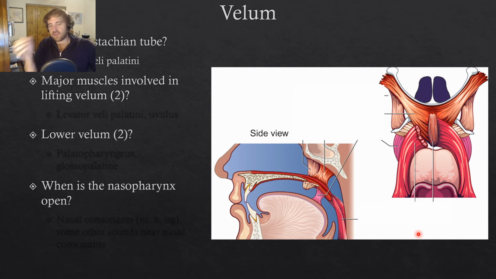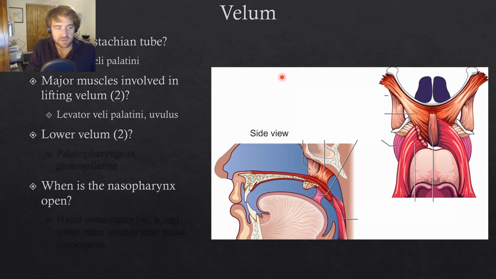One is really obvious. It's the uvulus, right? The uvulus. And the other one is the levator veli palatini, or palatal levator. So palatal levator, it pulls up, it's like making it levitate. So the levator veli palatini and the uvulus are both going to lift the velum.